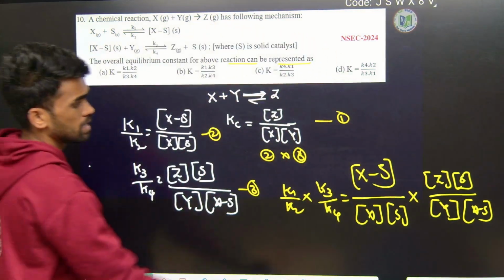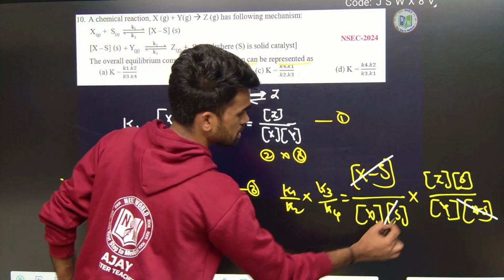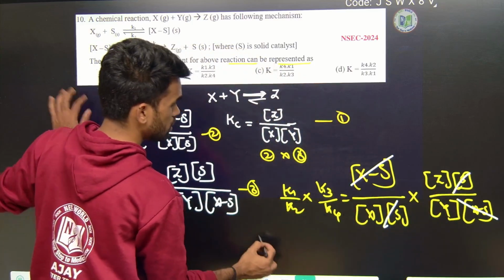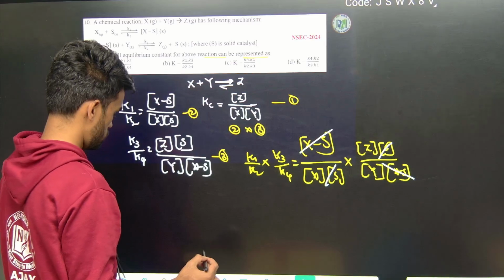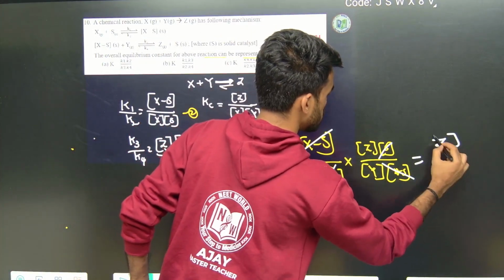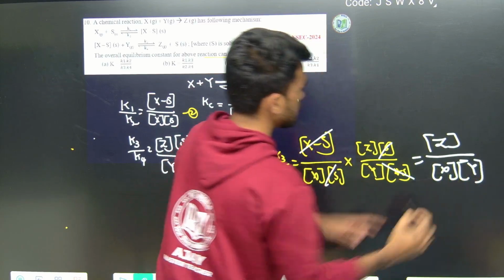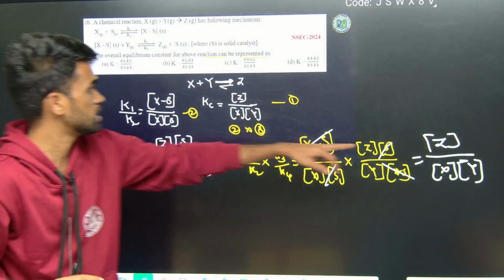Okay, so just remove those that can cancel out here, and S. So what are we remaining with here? We have concentration of Z by concentration of X into concentration of Y. Okay, like this we are remaining with right now. So that is nothing but our Kc.